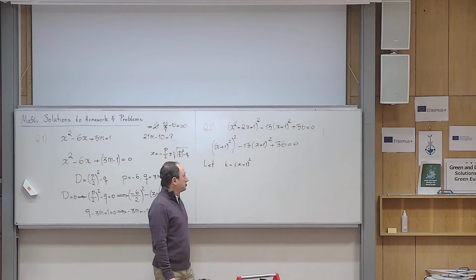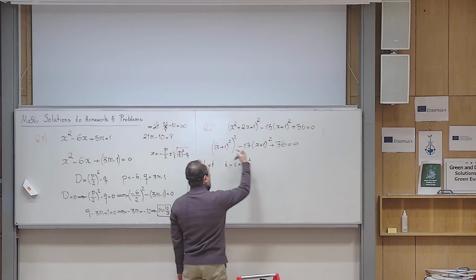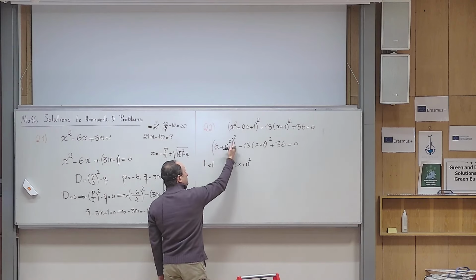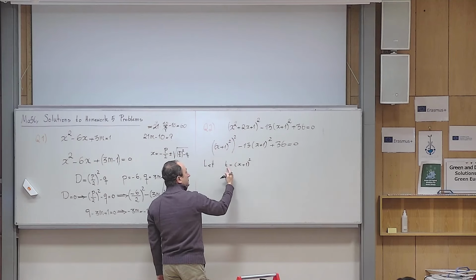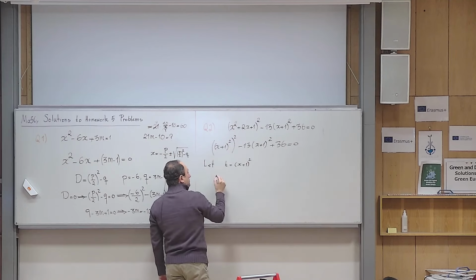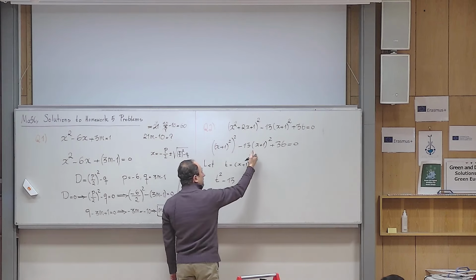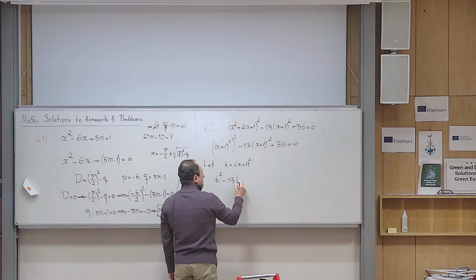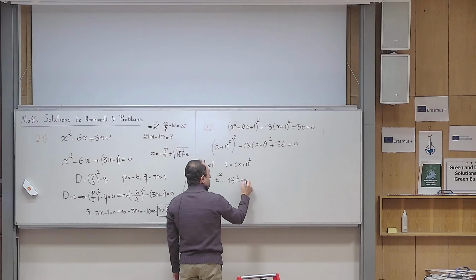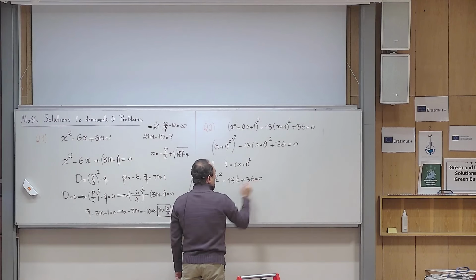So I put it here. This one I called t, but there is a power of 2 there, so it becomes t squared. Minus 13, and this one I called t, so it becomes t, and then plus 36 equals 0.